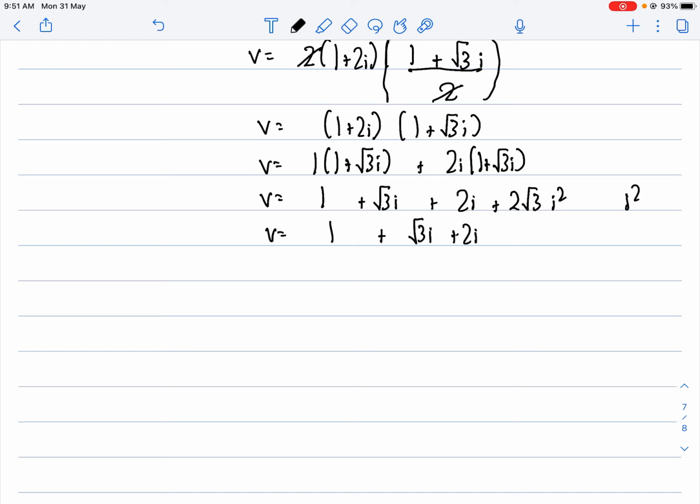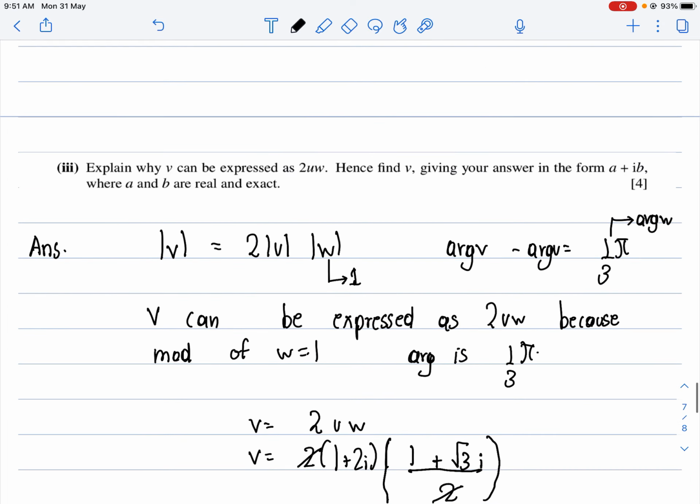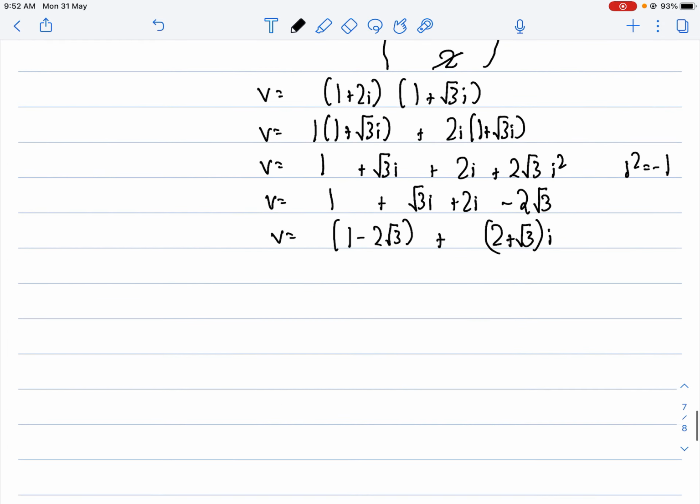I know i squared is basically minus 1, so I can write this as minus 2 root 3, which can be written as 1 minus 2 root 3 in the real part plus 2 plus root 3, and I can take i in common. So this is what I can say is my answer. So I can say this is basically my a and this is my b.